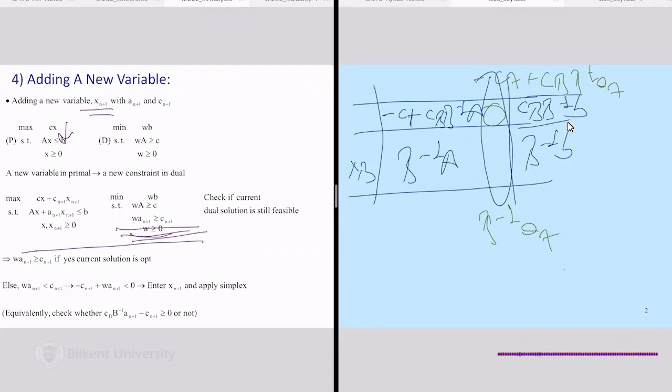So you just look at the row 0 coefficient of this new variable. If that is positive, that means the marketing department came up with a new fancy product, but it doesn't pay off. I don't want to produce this. My current solution is still optimal. Else, if this new product's row 0 entry is negative, then I'll enter that, and whoever is leaving, and I'll apply my standard simplex algorithm.